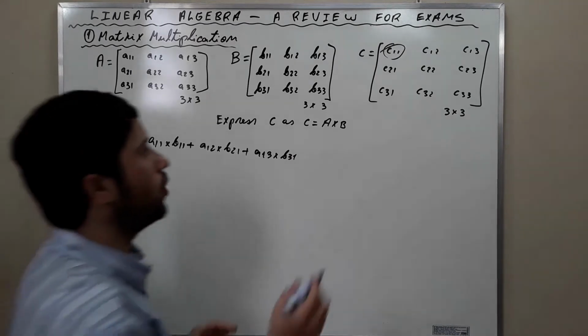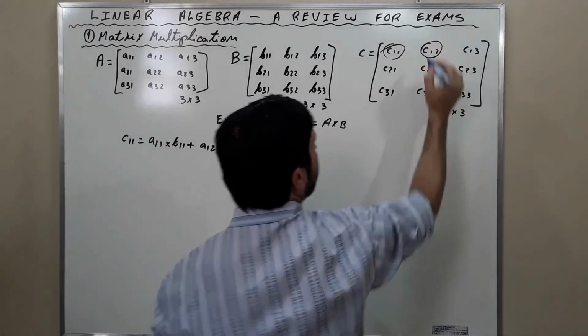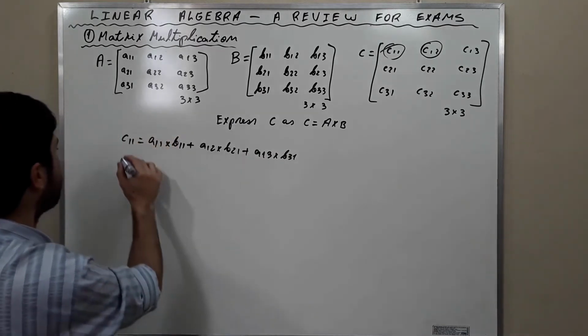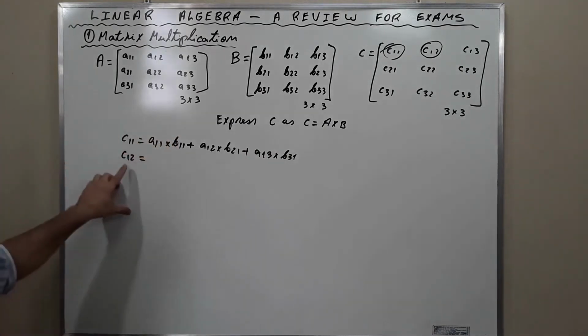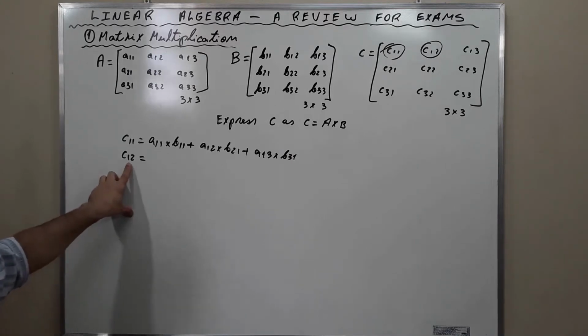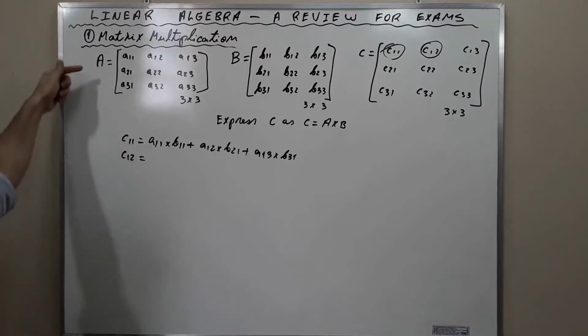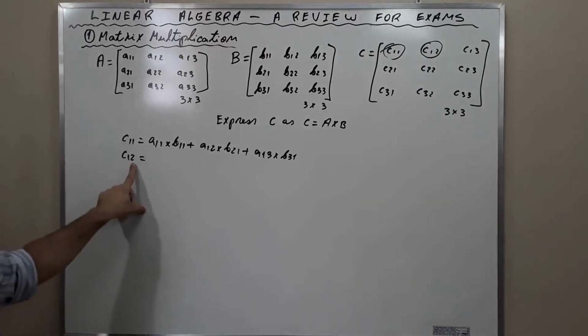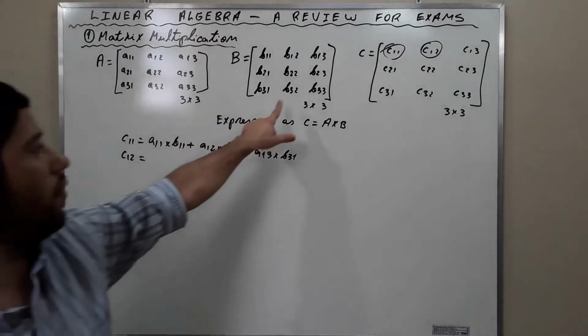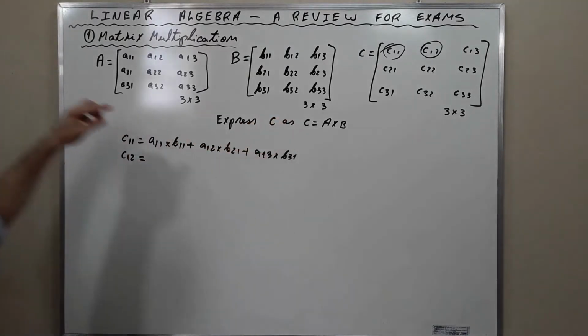Let's go to C12. C12 is going to be obtained from the multiplication of row 1 of the first matrix and column 2 of the second matrix.